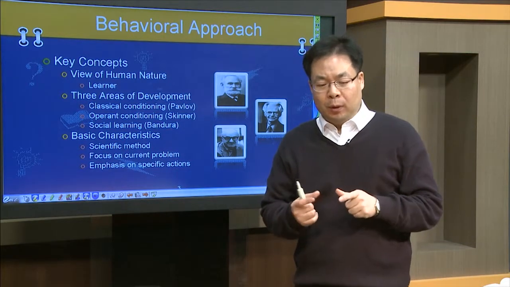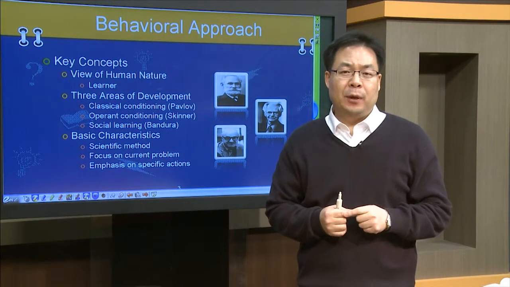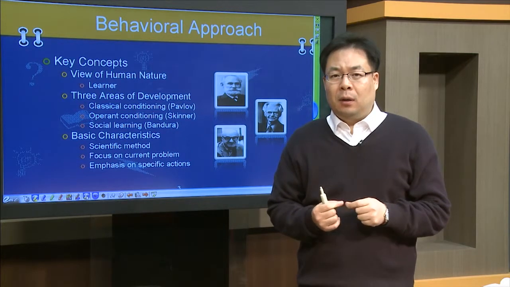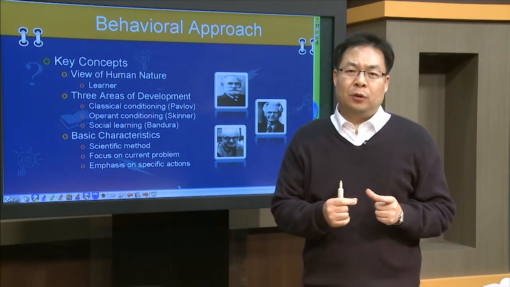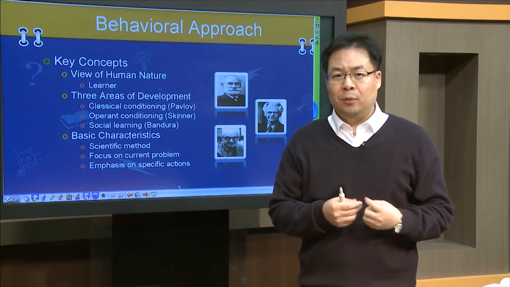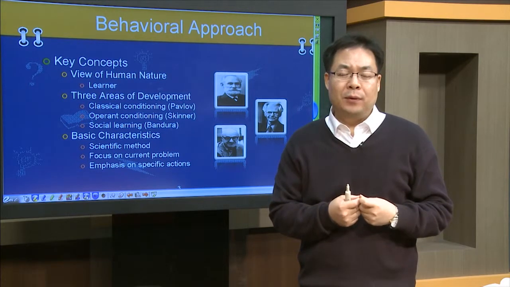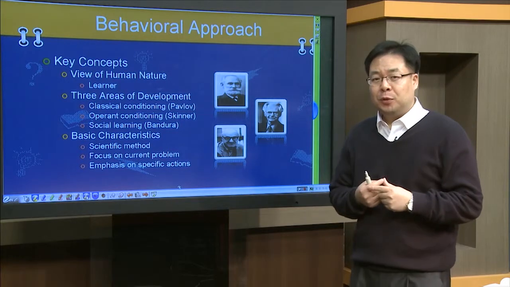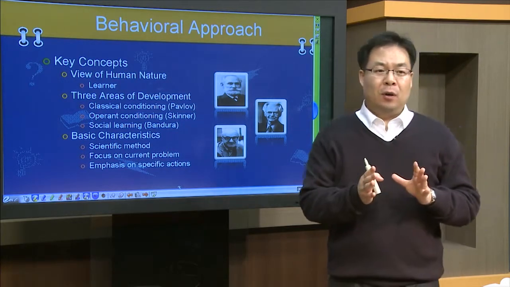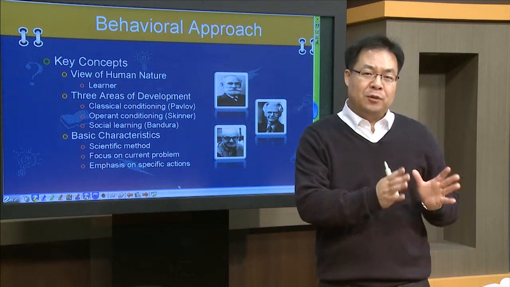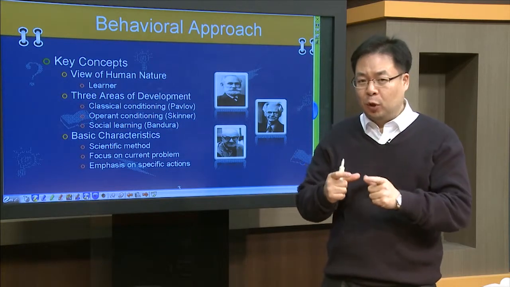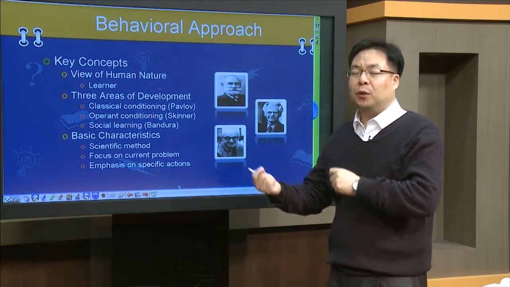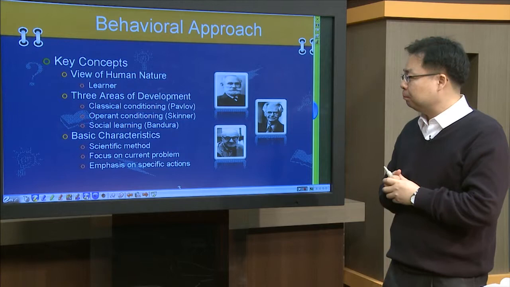If we recall the characteristics of psychodynamic, it really focuses on past experience. It's a pretty deterministic point of view. However, in the behavioral approach, they don't really look at past experience. They only focus on the current problem and future behavior.